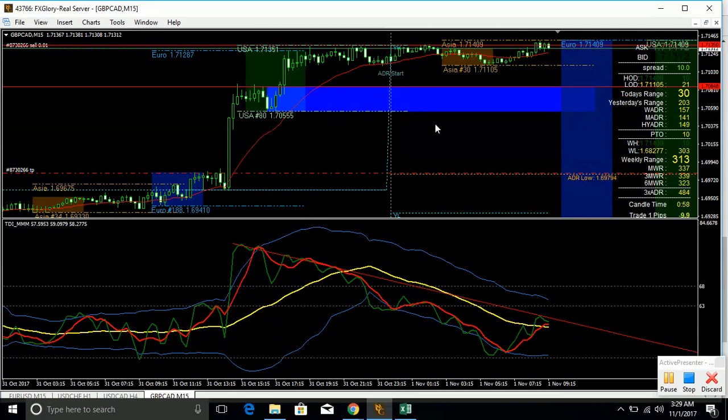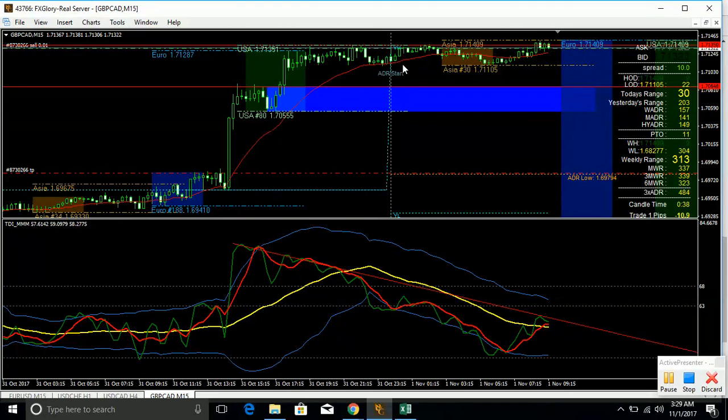Like I pointed out earlier, we have flat consolidation in price. We have a downtrend in momentum. We have momentum falling, and we have consolidation in price.